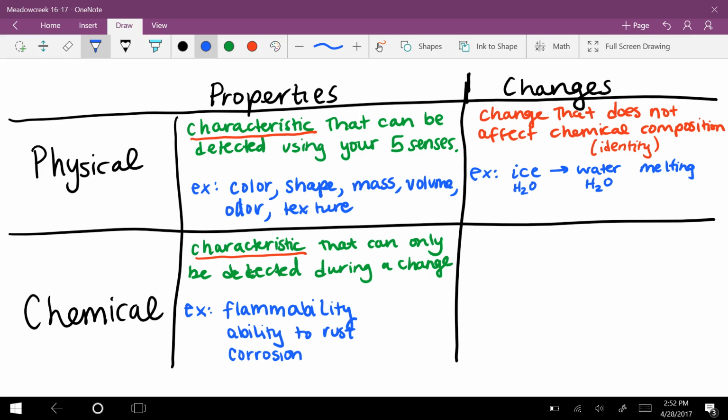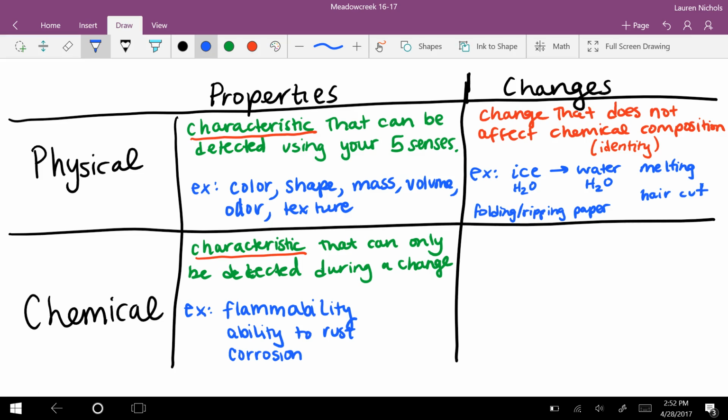Other physical changes could be folding or ripping paper. It's still paper. Before and after, it's just a little bit different. Or a haircut. That is also a physical change. Now, some of these things are reversible changes. For example, folding, I can unfold it.